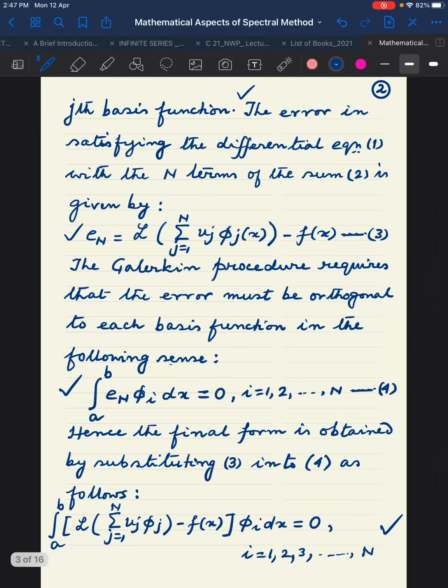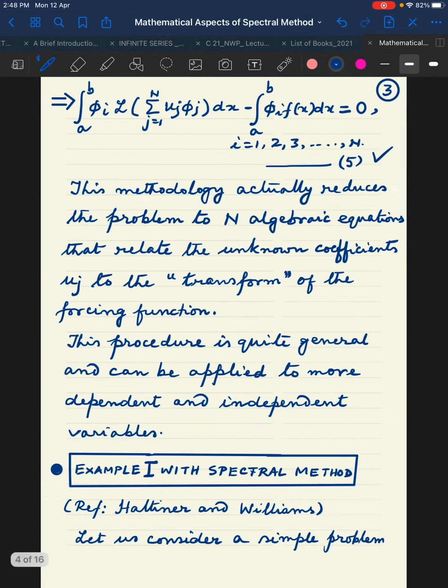So I again show you what was 3, what was 4, and after substituting 3 into 4, we got this equation. Now I have separated the terms: integral a to b L summation uj phi j into phi i dx minus integral a to b phi i fx dx, which gave birth to equation number 5.